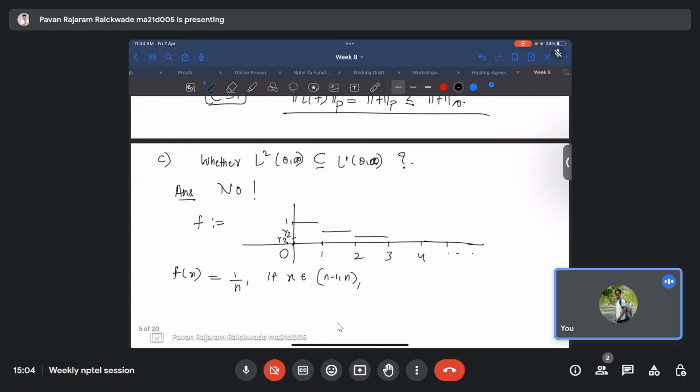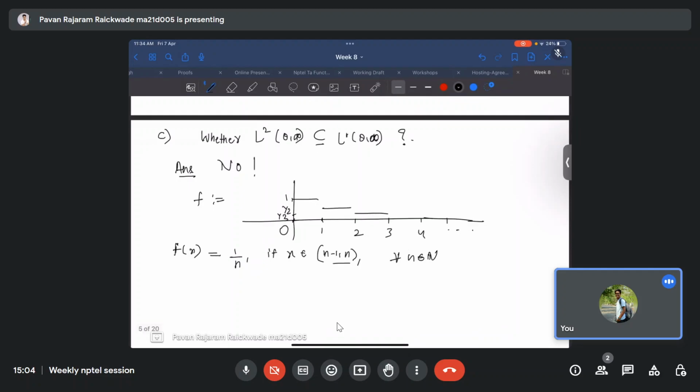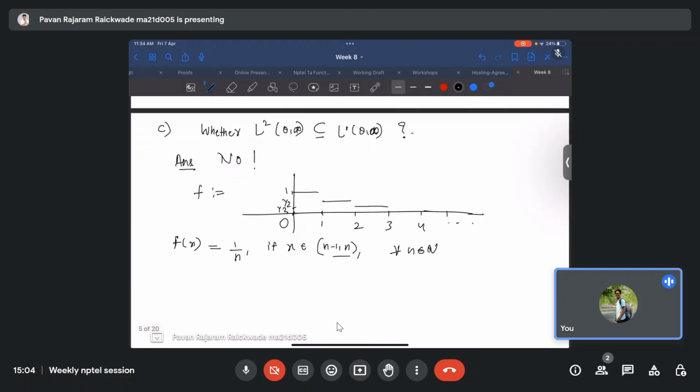For all n in the natural numbers: if n equals 1, then x in 0 to 1 gives value 1. If x is in 1 to 2, so n equals 2, then the value will be 1/2. Yes, that's correct. This is the function.